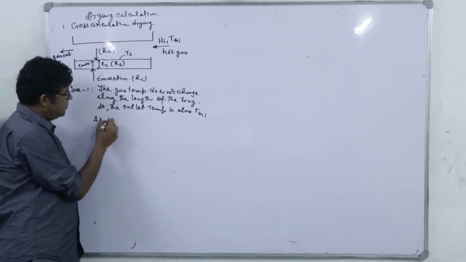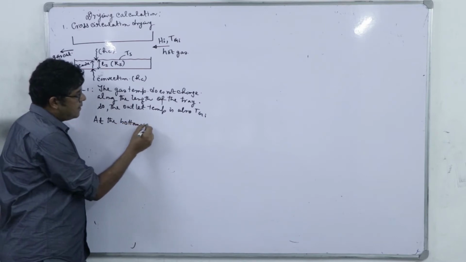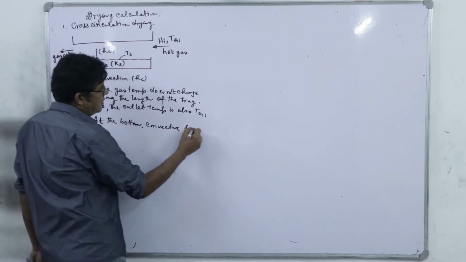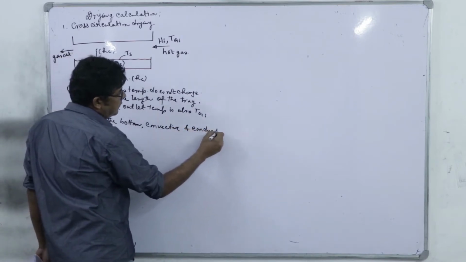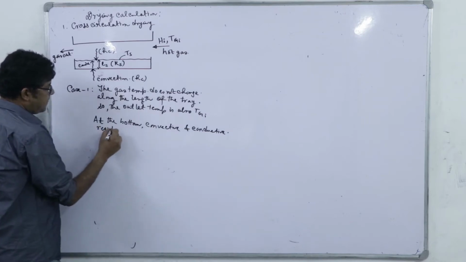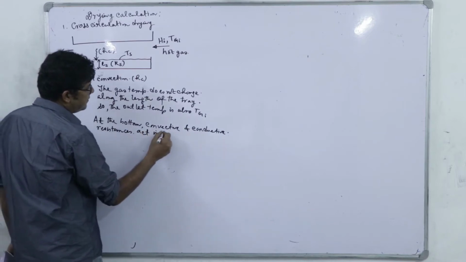So, at the bottom convective and conductive resistances act in series.